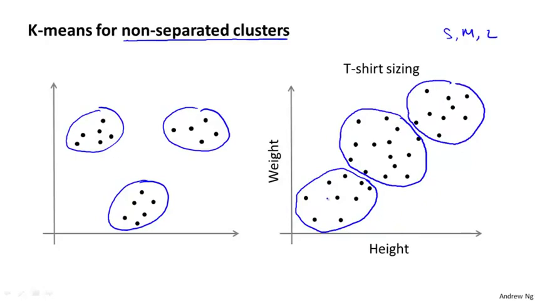And what you can do is then look at this first population of people, look at their height and weight, and try to design a small t-shirt that fits this first population of people well, and then design a medium t-shirt and a large t-shirt. This is in fact an example of market segmentation, where you're using k-means to separate your market into three different segments, so you can design a product separately, that is the small, medium, and large t-shirts, that tries to suit the needs of each of your three separate subpopulations well.